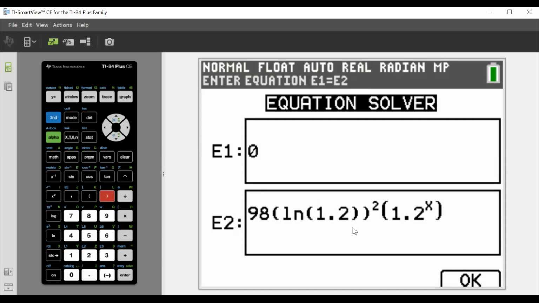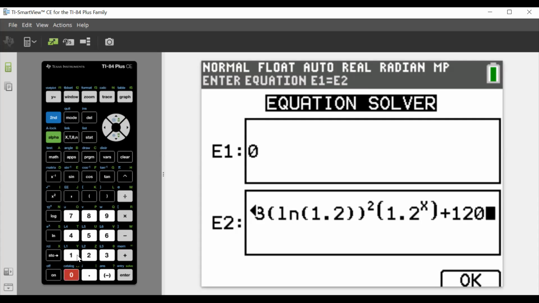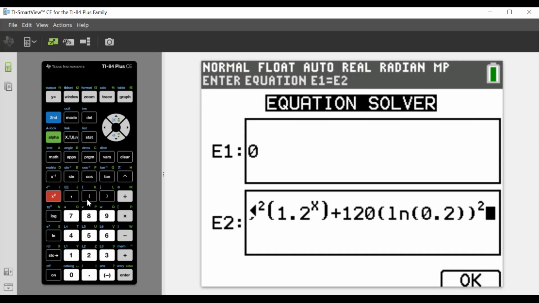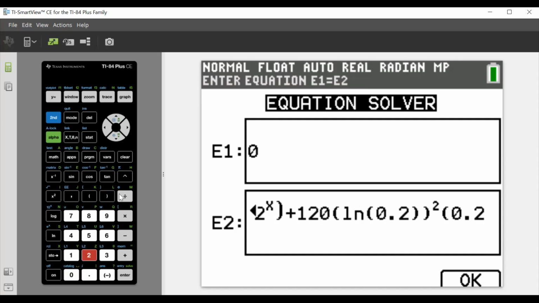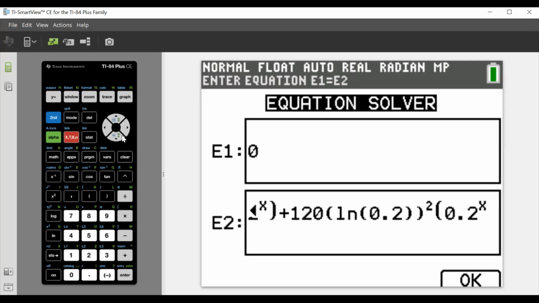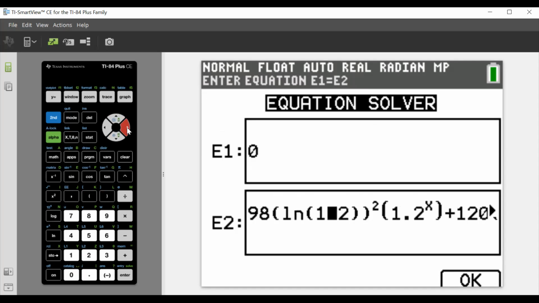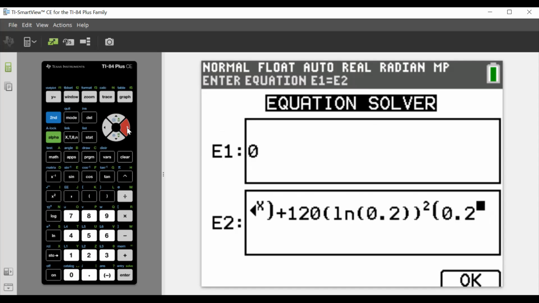So that looks good for the first part. And then I'm going to say plus 120 and then times the ln of 0.2, sorry, 0.2, and then in parentheses square that one, and then times 0.2 to the x, arrow down.